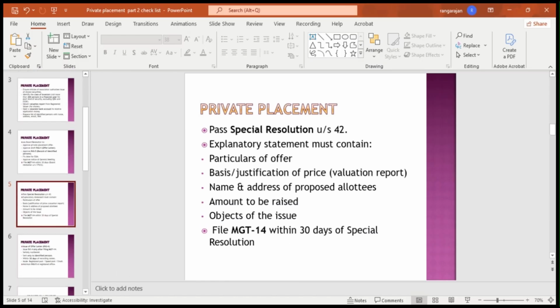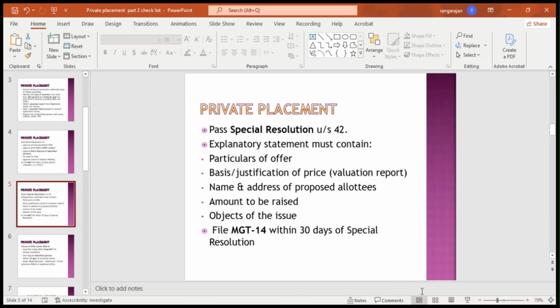Now at the EGM, once it is convened, the necessary notice has to be sent to the eligible shareholders as on the date. We have to pass the special resolution under section 42 with an explanatory statement. What is the explanatory statement?